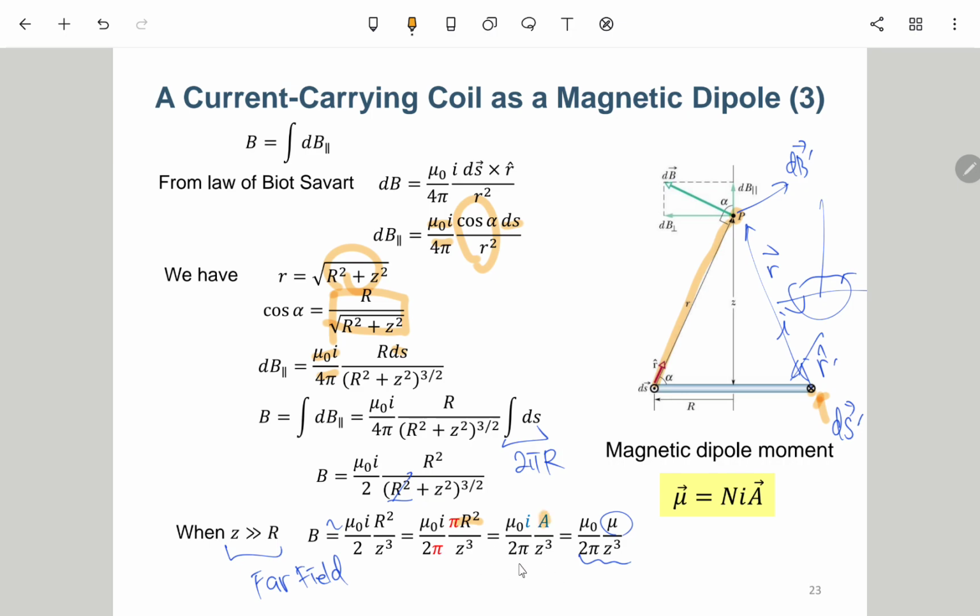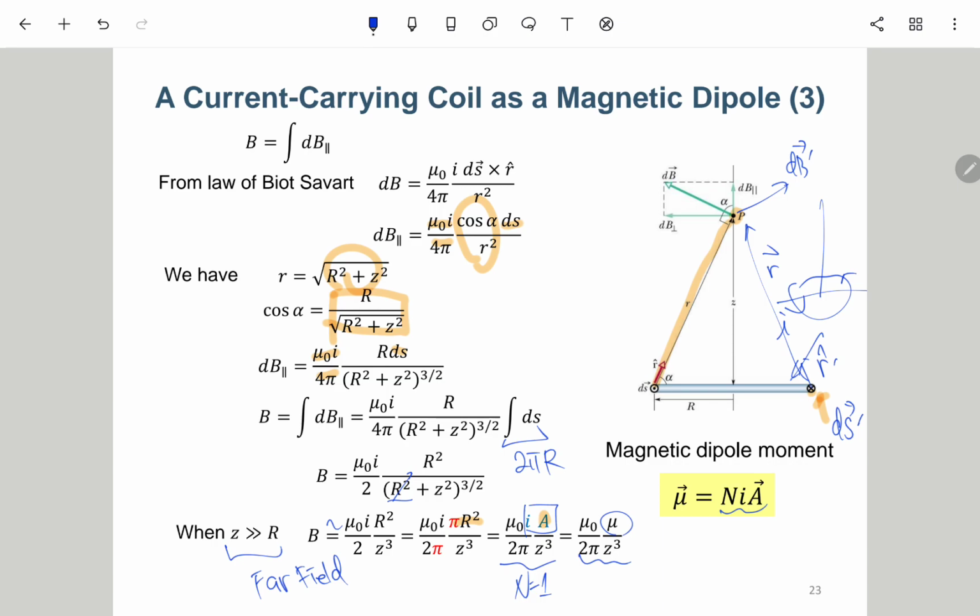And also finally we can consider IA to be the magnetic dipole moment. Of course you may say the magnetic dipole moment should be NIA, but here we only consider a single turn. If we have multiple turns, we can get a similar result just by multiplying by N. So here you can just pretend that N is 1.